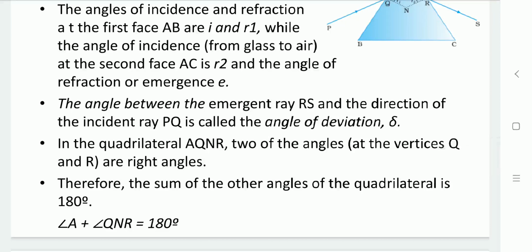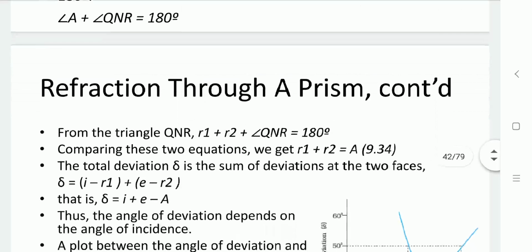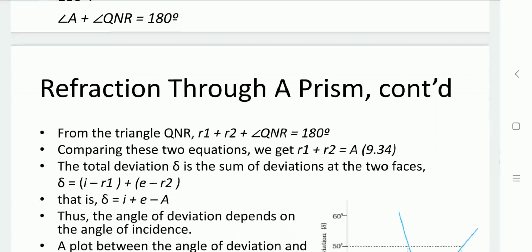The other angles R1, R2 and QNR also sum to 180 from the triangle QNR. Comparing these two equations, we get R1 plus R2 equal to A.